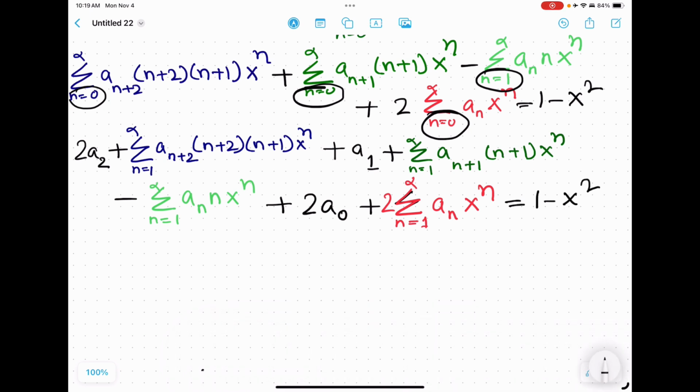Okay, so this is my differential equation after I have shifted our indices so that all of them start from 1. This is what it looks like after we have completed those 2 conditions: making sure that my exponents all have the power n, and also that they have the same starting index, okay?